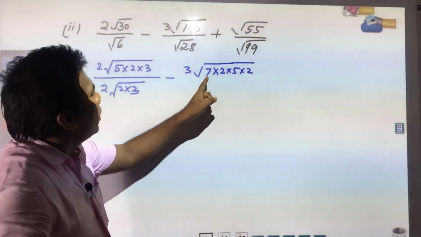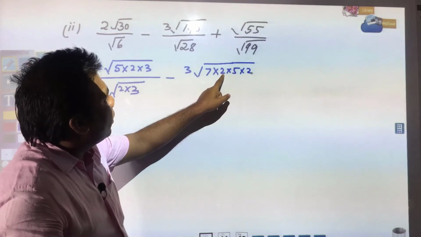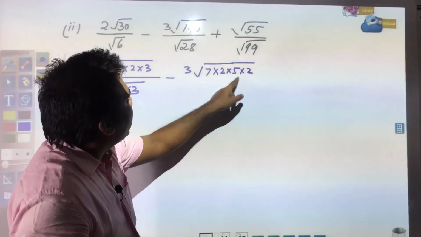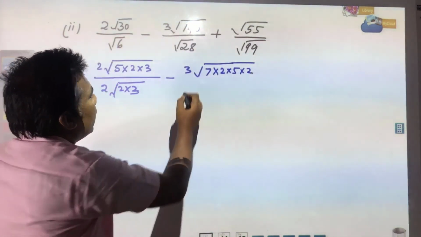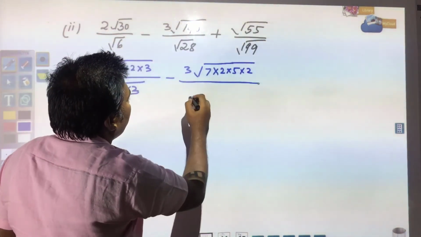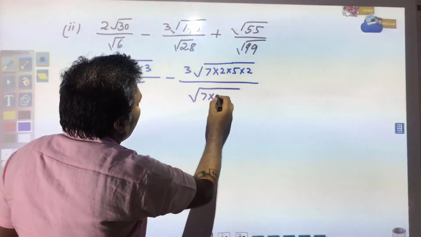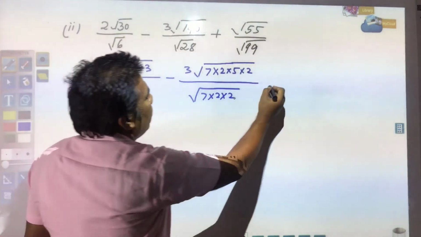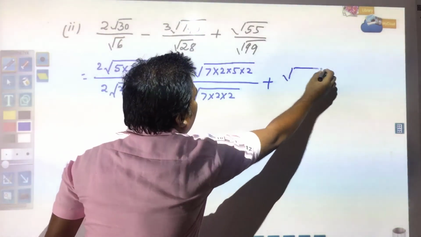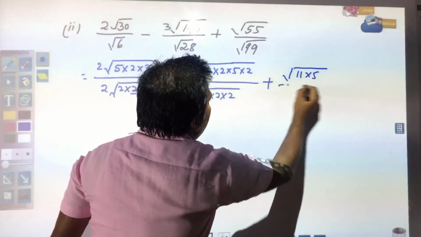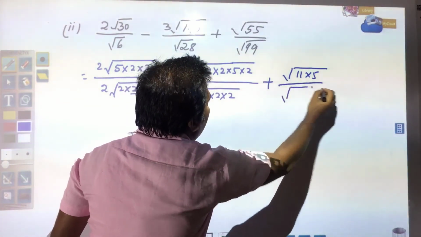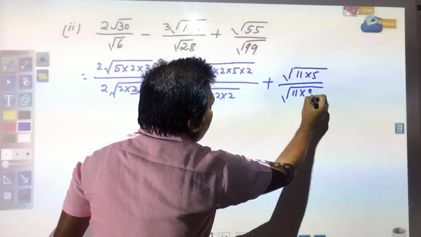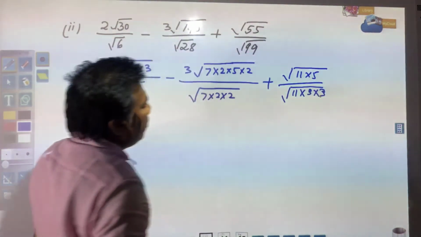Here you see 7 2s are 14 and 14 into 5 2s are 10, 14 into 10 is equal to 140, divided by root under 28 can be written as 7 into 2 into 2, 7 into 4 is 28. Plus 55 can be written as 11 into 5 and this can be written as 11 into 9 or 3 into 3.